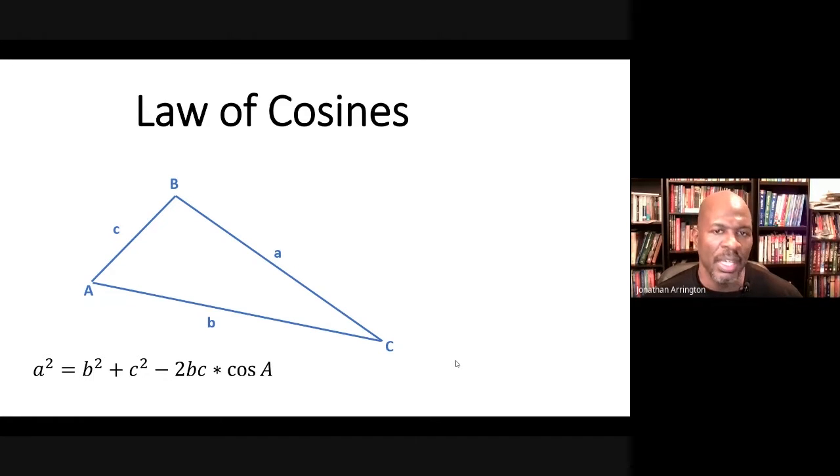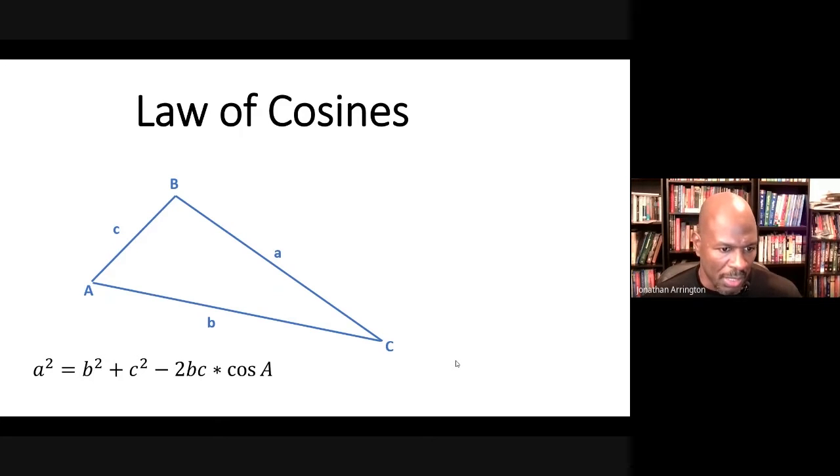In this case, we have a squared is b squared plus c squared minus 2bc times the cosine of A. So notice when I'm solving for the side a, I'm going to take the cosine of the angle opposite of it. And then the other two sides, which in this case are b and c, are being squared and multiplied by -2 in the equation.